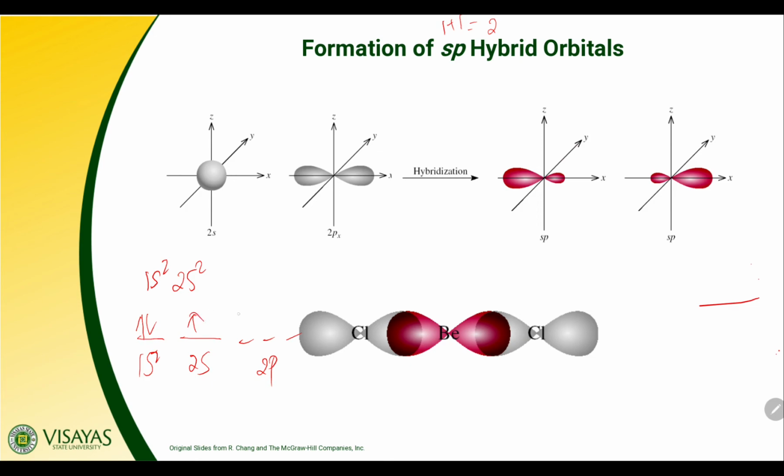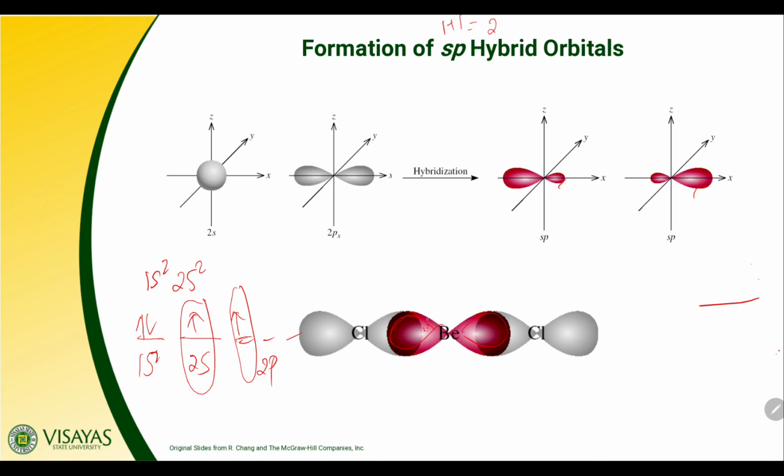So now we have 1 electron in 2s and 1 electron in 2p. After that, the s orbital and one of the p orbitals mix to form the 2 sp hybrid orbitals. We have 1 and 2.